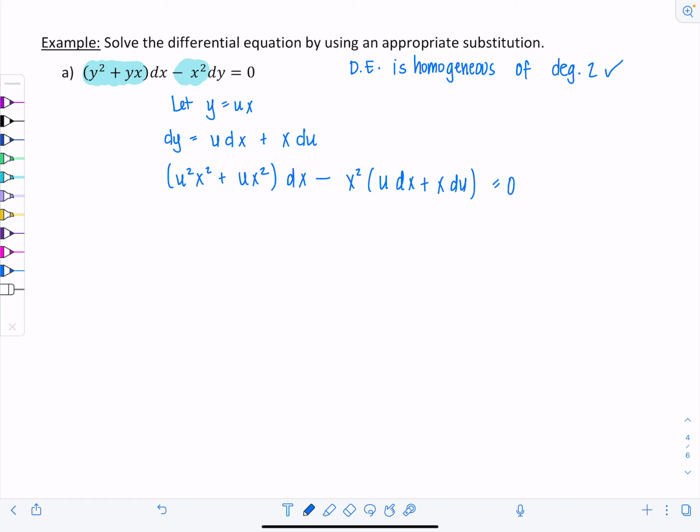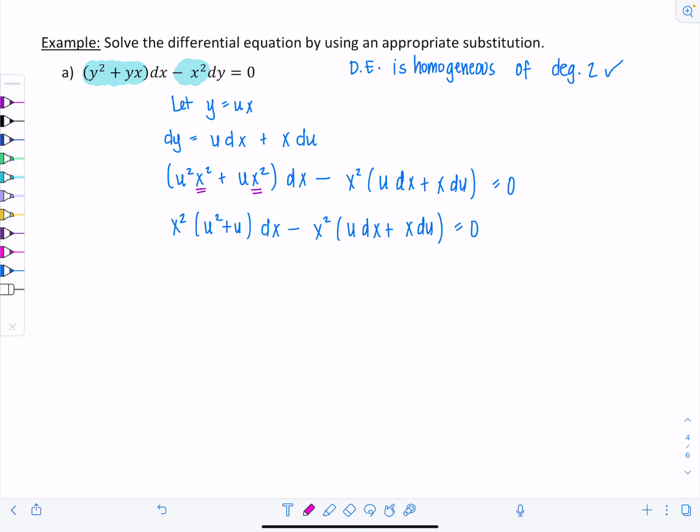How are we doing so far? Good? All right. Now let's clean things up. Notice I could take an x squared out of here. So let's go ahead and do that. So we have x squared times (u squared plus u) dx minus x squared times (u dx plus x du) is equal to 0. Now this next step is the one where you have to be careful.